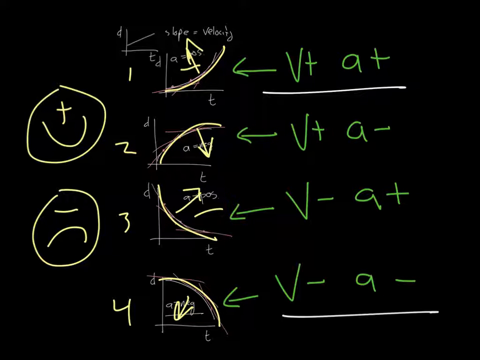And I want to point out that that's an important thing to understand. Negative acceleration does not necessarily mean you're slowing down. Oftentimes people say, well, it's decelerating if it has negative acceleration. In physics, we don't really like using the word decelerate because decelerate always means slowing down. But negative acceleration does not always mean that it's slowing down.